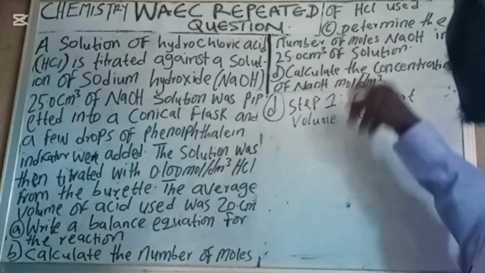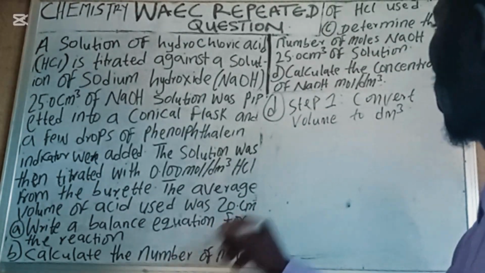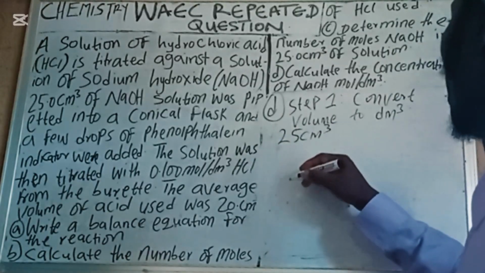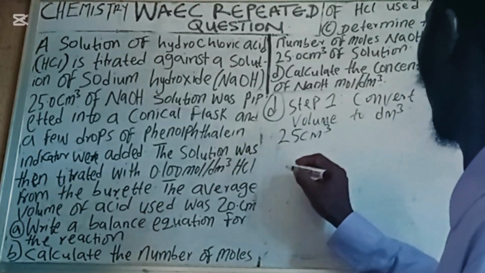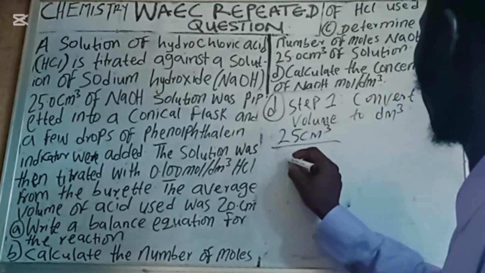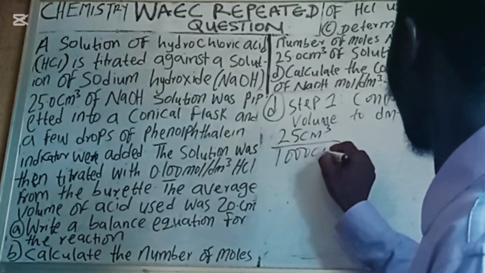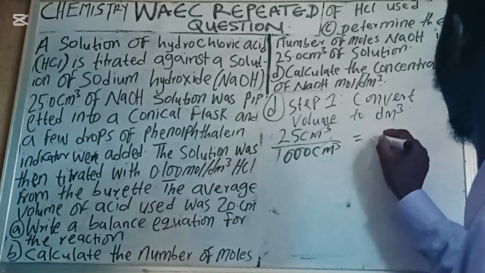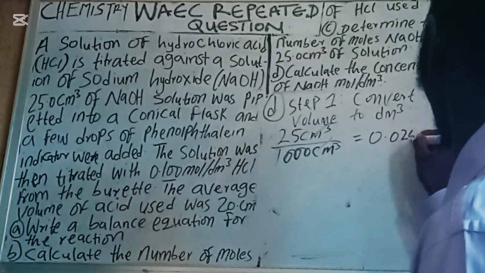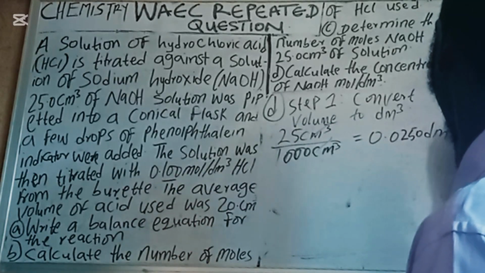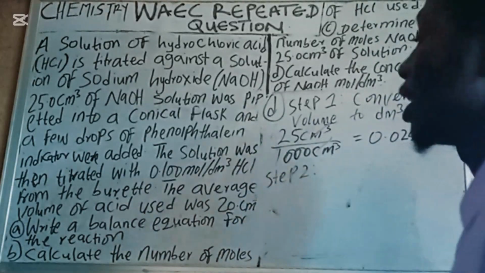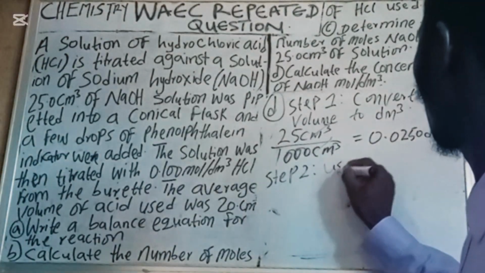What is the volume of sodium hydroxide in this question? The volume is 25 cm³. For us to convert 25 cm³ to dm³, we divide 25 by 1000. You see that cm³ will cancel cm³. When you divide this, it is equal to 0.0250 dm³. So step 2: we are to use the formula.